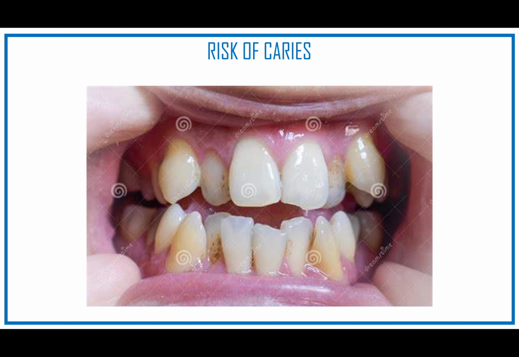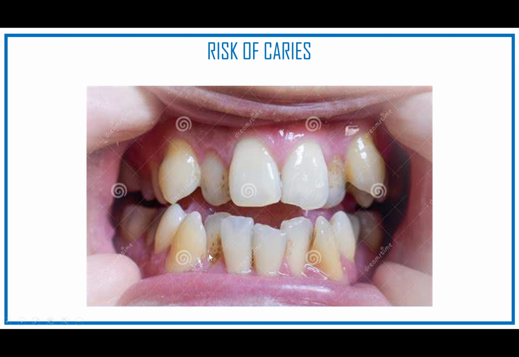Here you can see in the diagram there is malocclusion, and this malocclusion not only affects the patient's ability to clean the tooth, but it also reduces the potential for the natural tooth cleaning system, and thus increases the risk of caries and decay. And there you can see there is a lot of plaque accumulation. The yellow area on the tooth shows the plaque accumulation, and it is because of malocclusion.